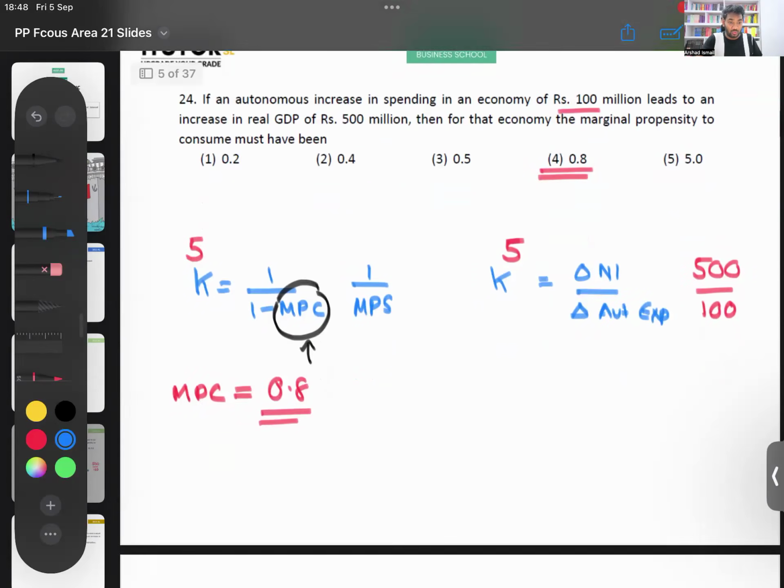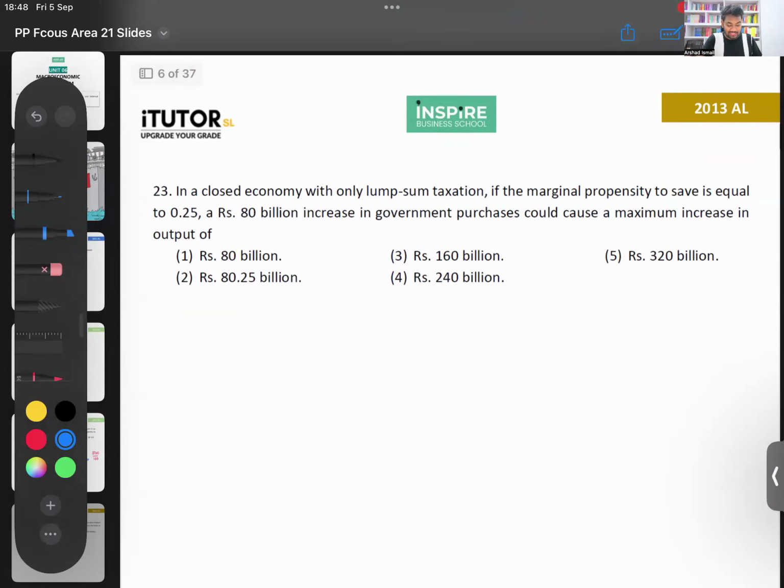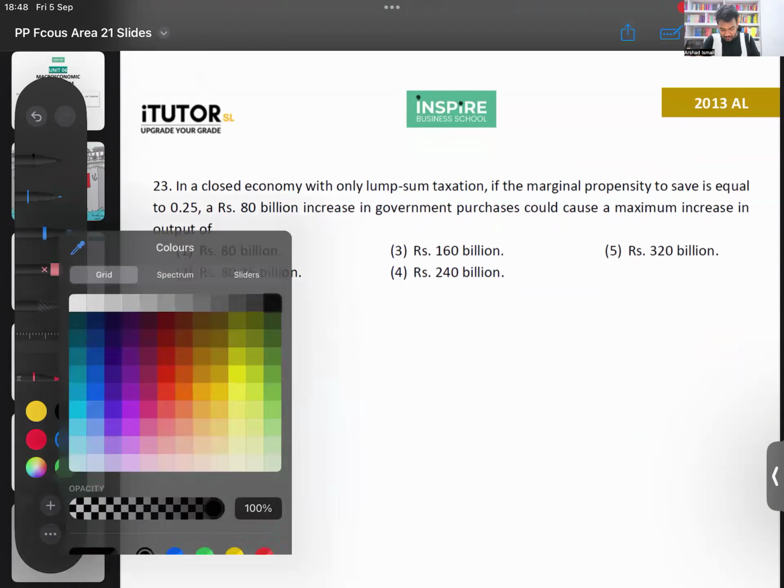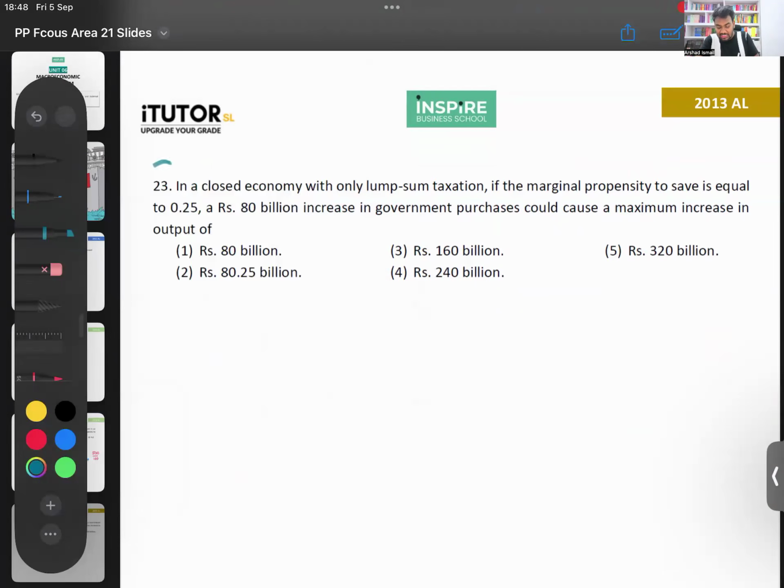Then we'll go into the next one, 2013 A levels 23. Yeah, previous one was 5. In a closed economy with only lump sum taxes, for example, T equals 100. There is nothing like T equals 100 plus 0.15, so this part is not there.